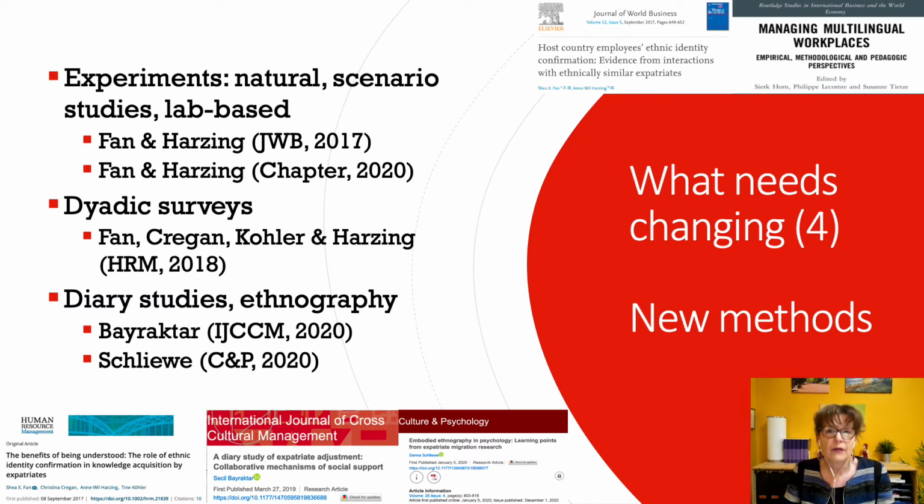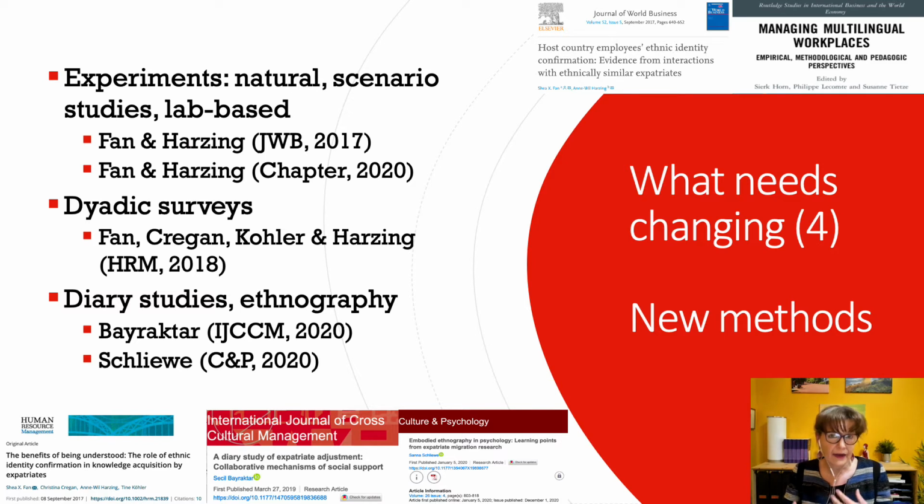In her PhD, for instance, she used vignettes in a field experiment with employees of multinational corporations in China, in which she included scenarios in which ethnic similarity was either emphasized or de-emphasized, and tested how that impacted on host country employees' attitudes towards expatriates. She's also written up a book chapter on using experiments in international business in the book Managing Multilingual Workplaces.